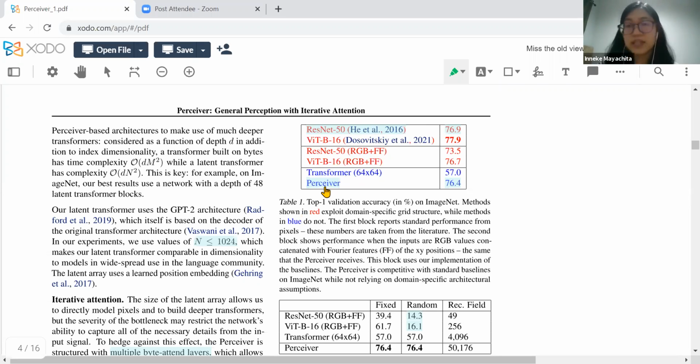Perceiver doesn't have the inductive biases, but the results of perceiver are on par with ResNet. So they emphasize here that even though we don't have the inductive biases, we can have similar performance. Hence, this architecture is more generalized for any other modalities.